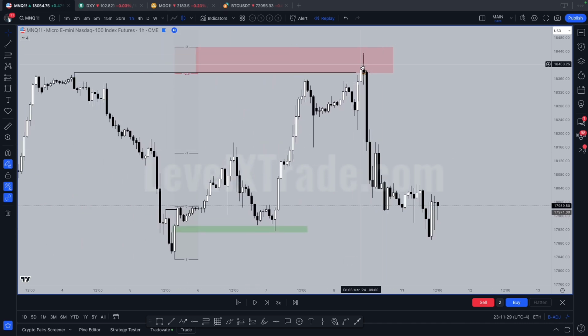So that's why we recommend to use this tool as a confluence. Obviously, putting in the market structure shift right here, measuring this low to this high, and some people actually measure right here, which is this swing.